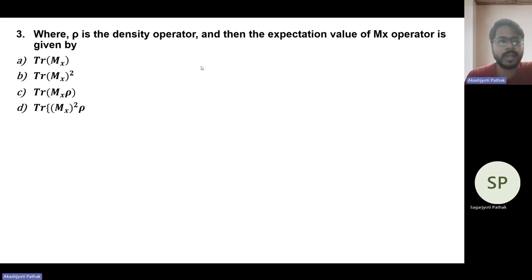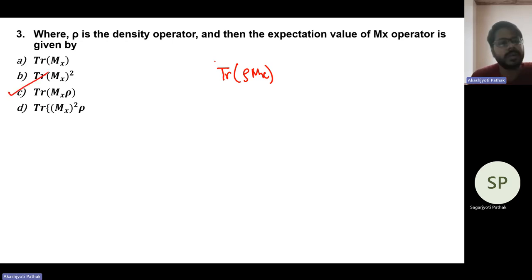So just now we had seen that if rho is the density operator, then the expectation value of the mx operator, or magnetization corresponding to the x direction, will be given by what? It is given by the trace of the product of this density operator and the magnetization in the x direction.